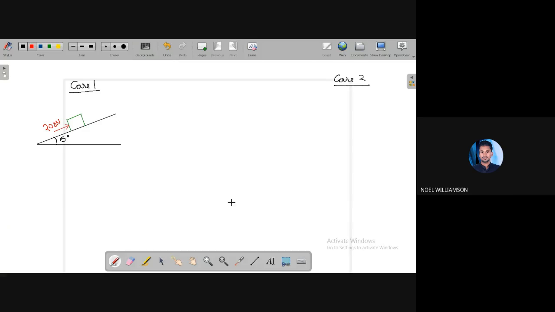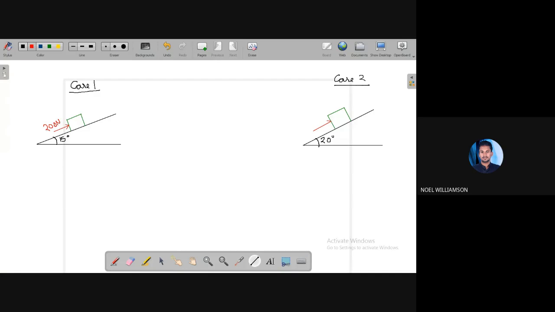Next, in the second case, the angle of inclination is 20 degree. So this 20 degree, and the body, and in this case the applied force is 230 Newton.